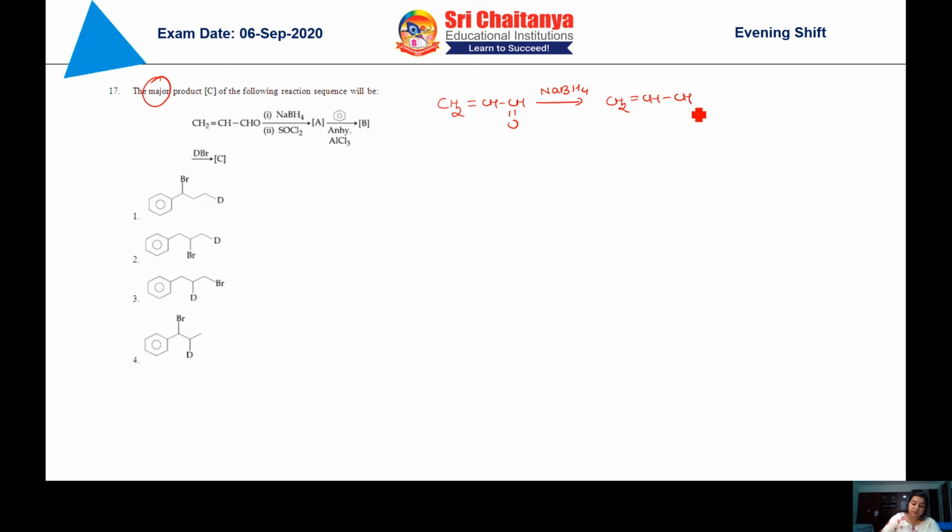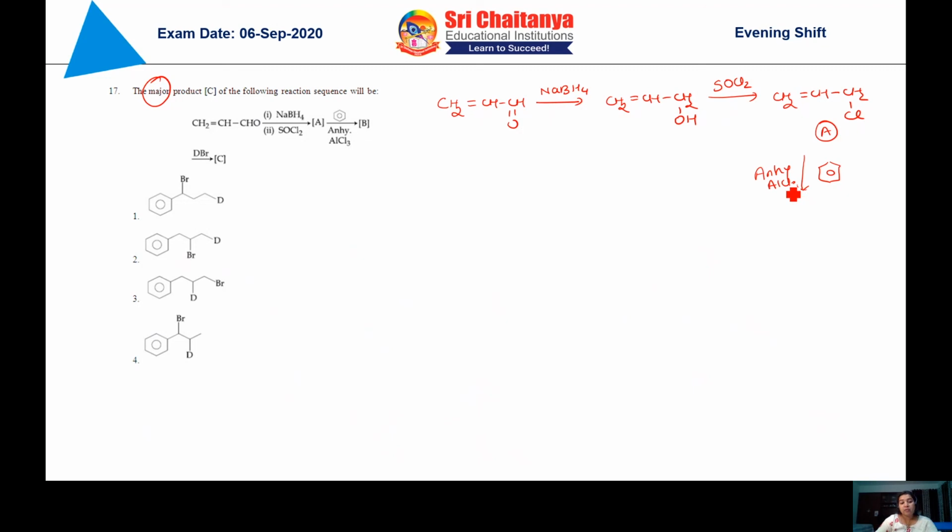It will be simply reduction of aldehyde to alcohol. This now reacts with SOCl2. Again, as it is non-substituted, no effect. Simple chlorine will go on the side where OH was written. Answer is allyl chloride. Now this is made to react with benzene in presence of anhydrous AlCl3.